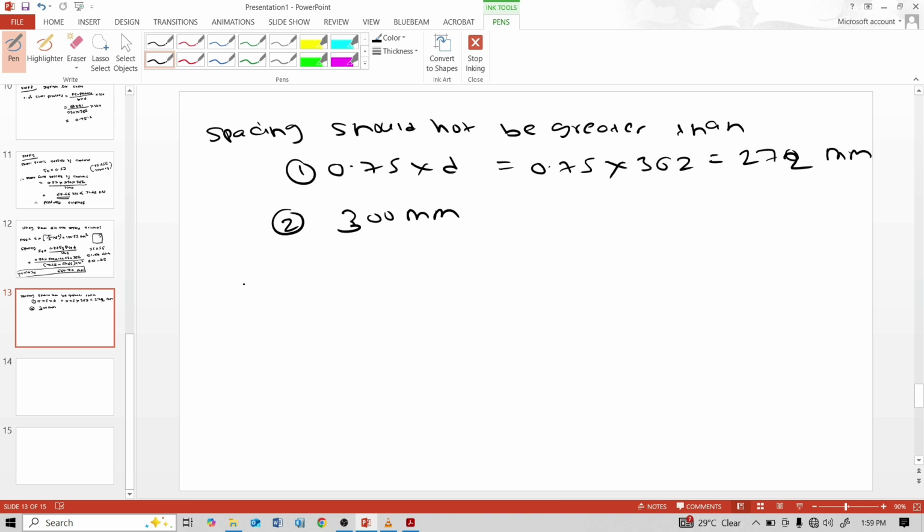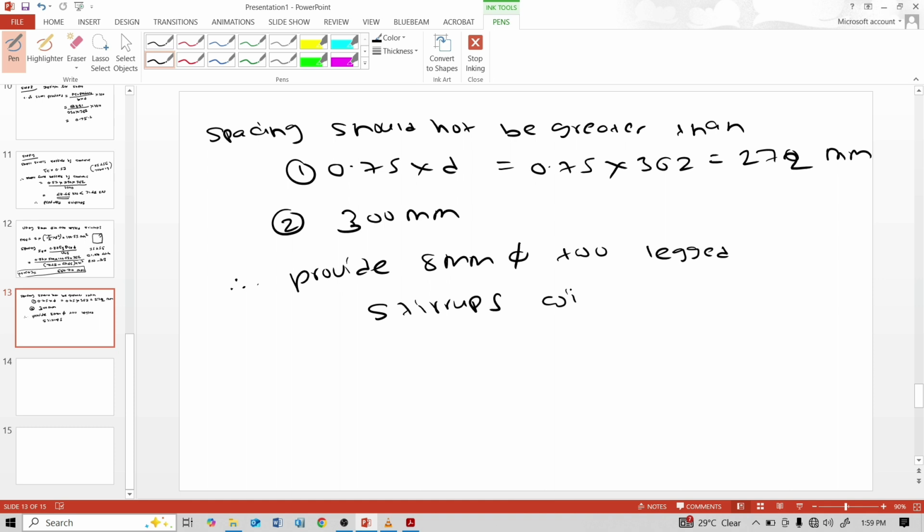Therefore, provide 8 mm diameter 2-leg stirrups with 250 mm center to center.